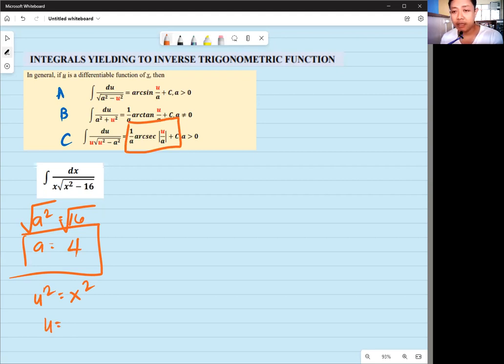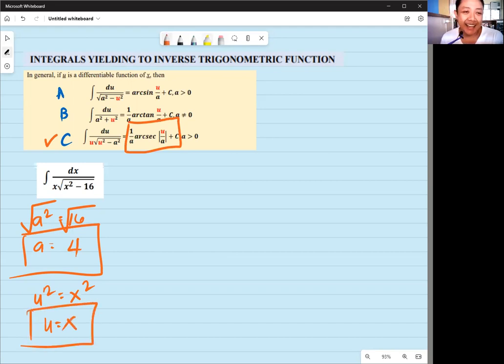Type it in the chat box, please. Let me see. It's not C. Okay. The answer is X. Na-excite lang daw na typo. So the value of your U is not C. C is the correct pattern, but the value of your U is X.